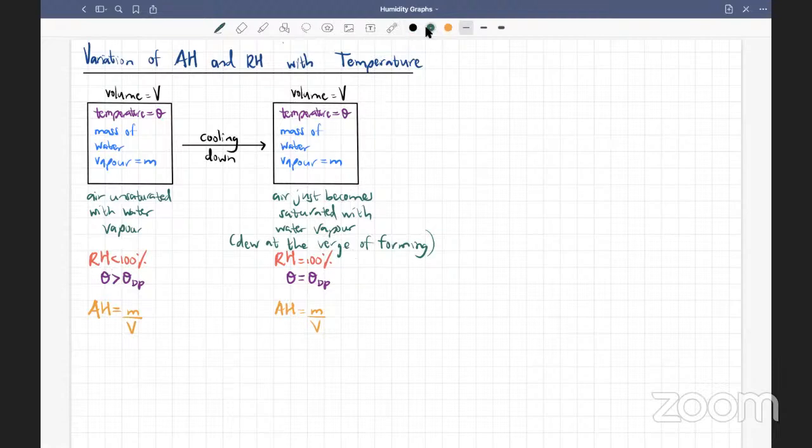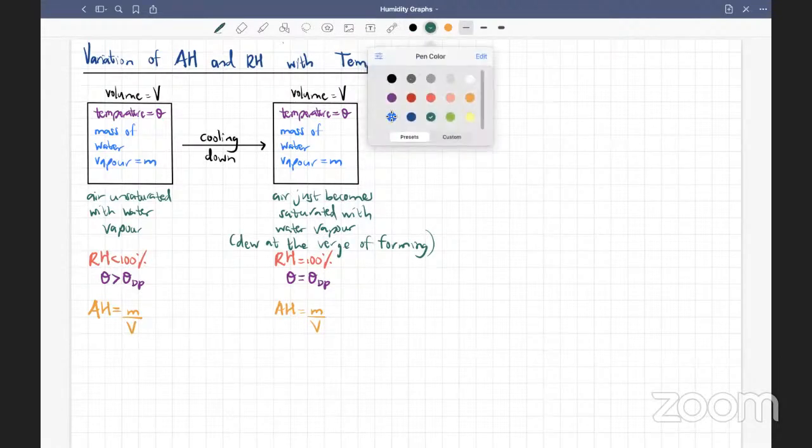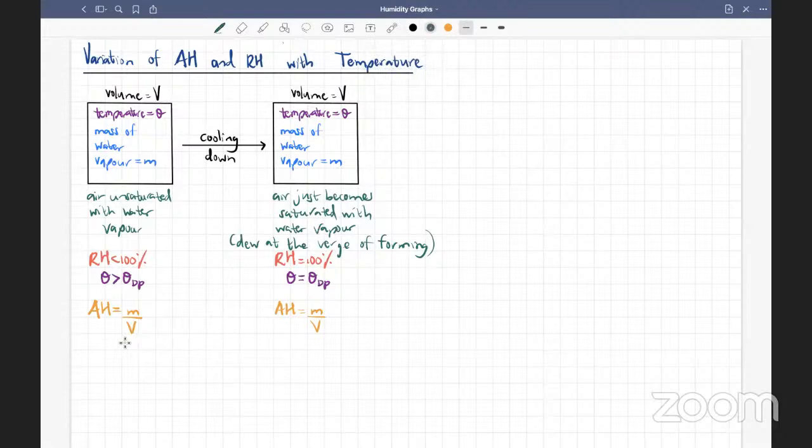Now, if you're wondering how RH changed, what happened from here to here? The two chambers have two different temperatures. Temperature theta here is a higher value, greater than dew point. Now theta is equal to dew point.